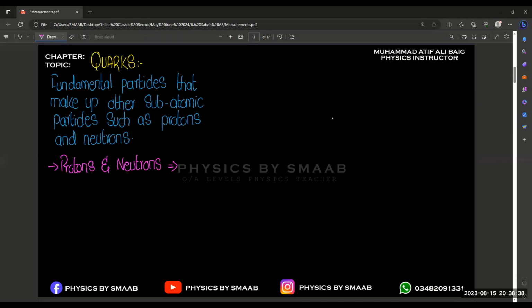The category in which proton and neutron fall is known as hadrons, right? So if they ask you about the hadrons, you need to know that protons and neutrons are in the category of particles known as hadrons.